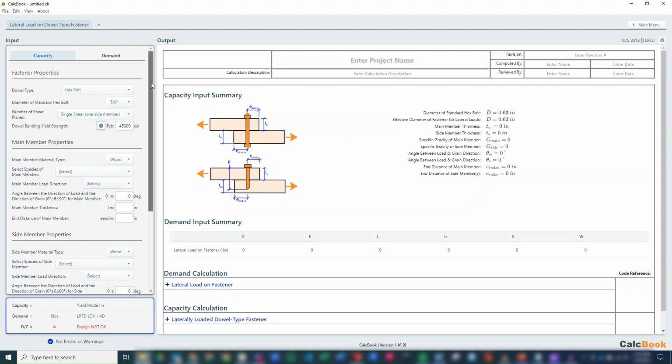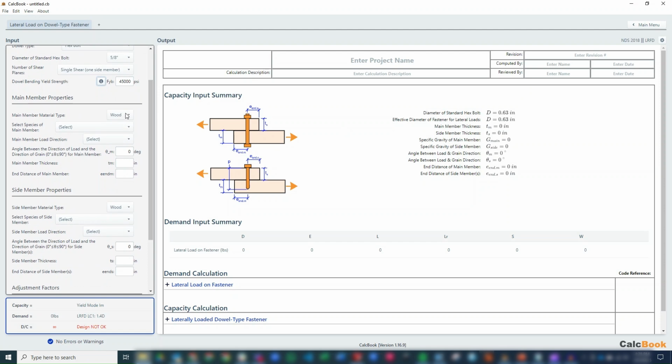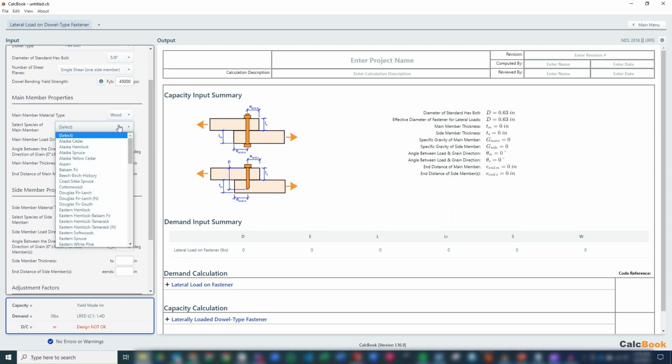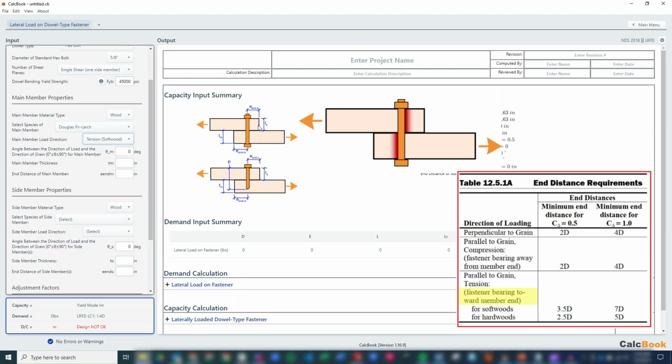Then we start updating our properties for our main member and our side member. Our main member is wood. It's Douglas fir larch. The load direction is going to be tension, and it's a softwood because of Douglas fir larch. It's tension because, like we talked about in the intro, the bearing of this bolt is towards the end of the member, and so that is going to be in tension.